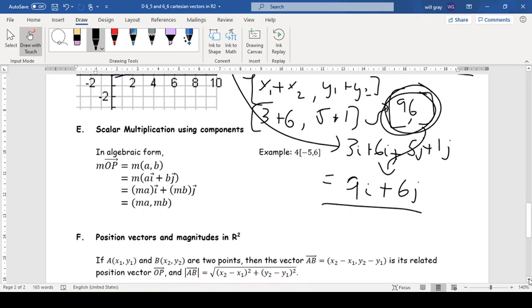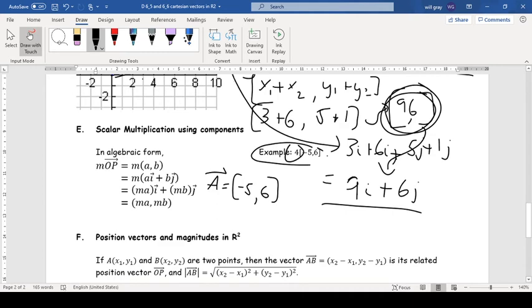For example, number 4 here is saying that if you had a vector A defined as [-5, 6], you could multiply that vector by a scalar, in this case 4.